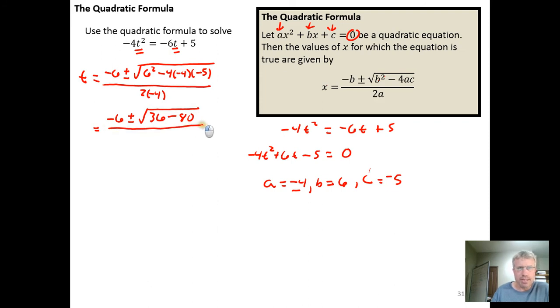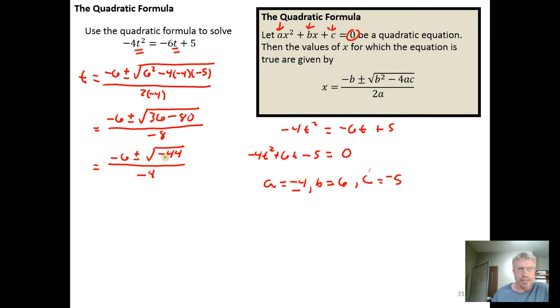Fraction bar under the entire numerator. 2 times negative 4 is negative 8, and just continue to simplify. Negative 6 plus or minus the square root, and it's going to be 36 minus 80, which is negative 44, all over the negative 8.